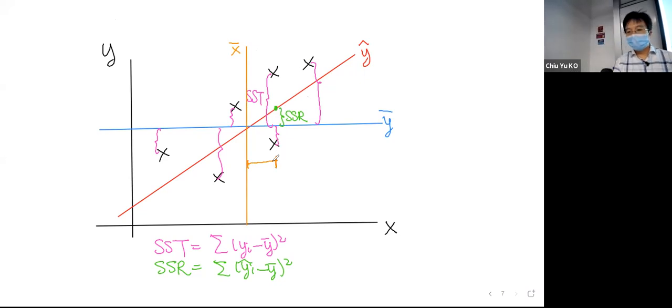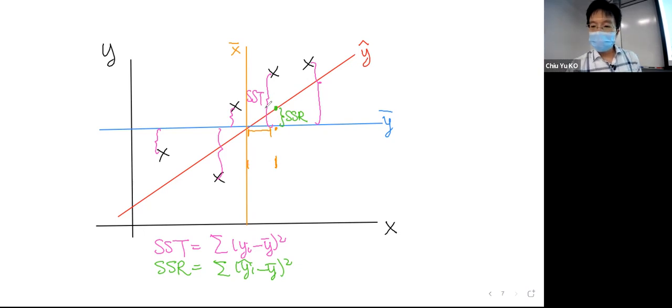The green part is what you predict for Y on this line, because of the X you have at this point. Green is easier to see if you remove that point. Because X goes up this much, look at the line, Y goes up by that much. So when you say Y is more than Y bar, it is because X is more than X bar, and this is how it is explained. So this is SSR.